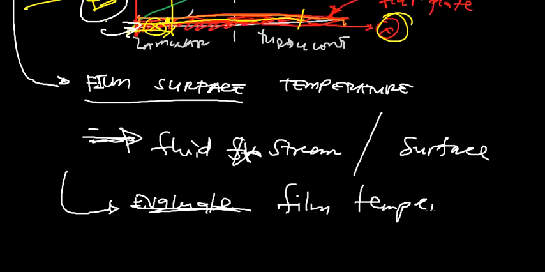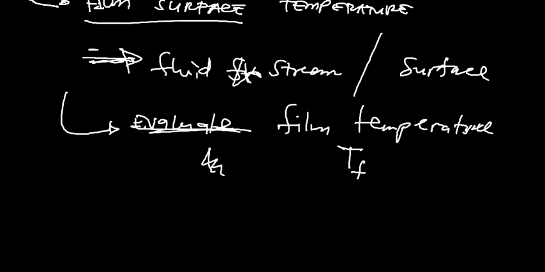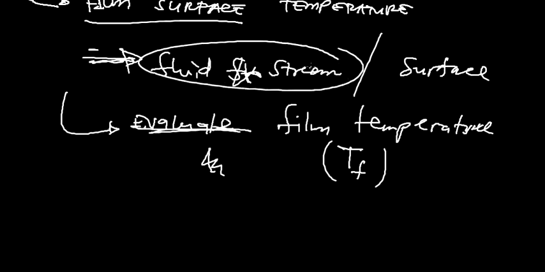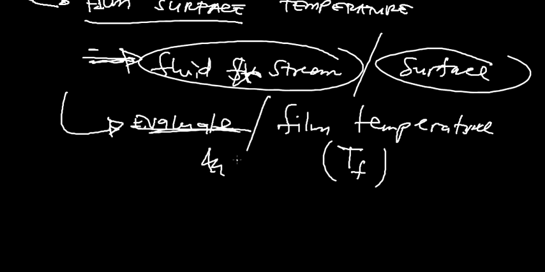Film temperature. Let's call it Tf. Okay. Again, since we have the temperature of our fluid stream, and we have another temperature for our surface, if we are going to evaluate properties, we need to base this on the so-called film temperature, Tf.